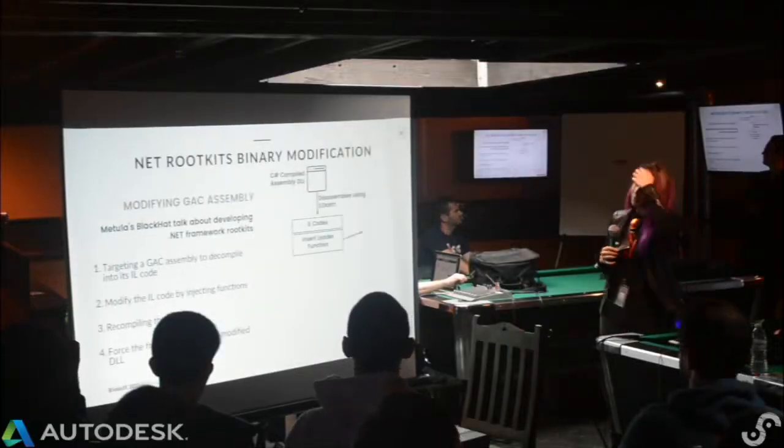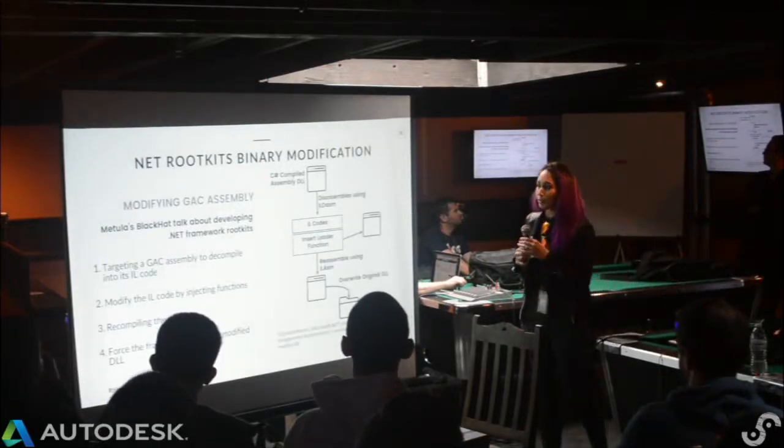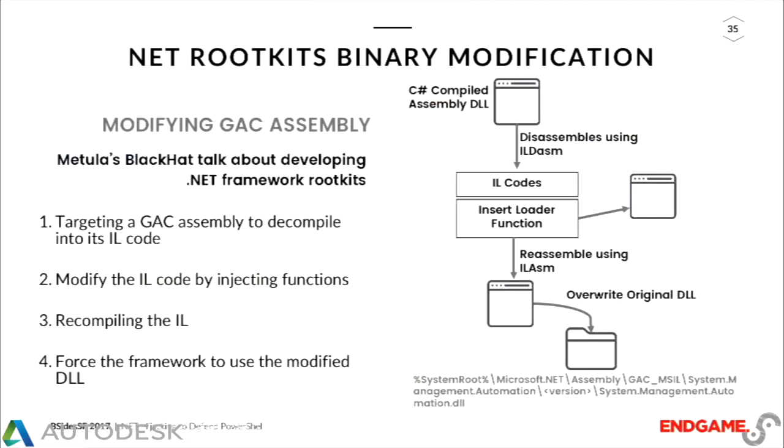All right, so that brings me to a different topic, .NET rootkit binary modification. This was actually a 2009 Black Hat talk from Erez Metula. What he did was disassemble the IL, insert their own function into the IL, writing the code itself, reassemble it, and place it, overwriting the original DLL.